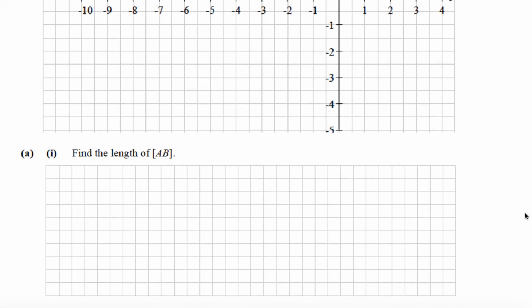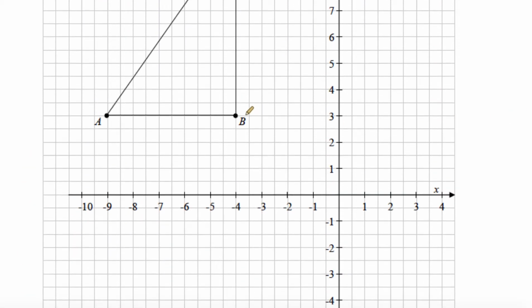Part A1 says find the length of AB. So we want the length of AB to be this length here. Now you can use the distance formula, which is in your tables book, for the distance between 2 points, but because this line is horizontal, we can see straight away it goes from minus 9 over to minus 4. So that's just a distance of 5.